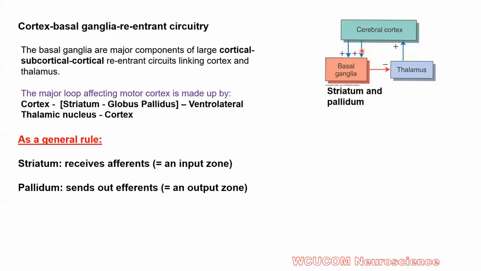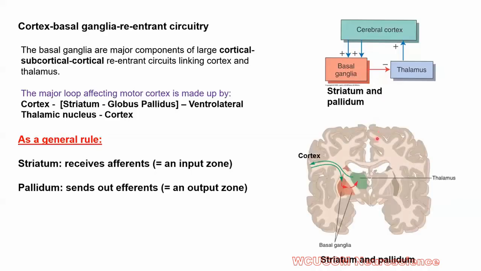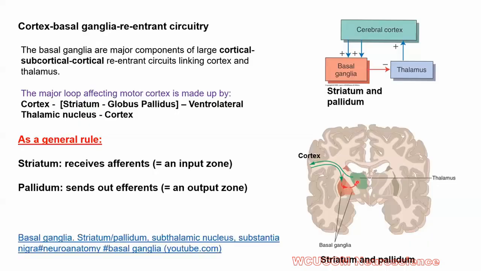As a general rule, the striatum receives afferents, so it works as an input zone, and the pallidum sends out the efferents, typically to the thalamus. And it looks like this in a cross-section. Striatum receiving afferents, this would be putamen, and pallidum, in this case the internal segment of globus pallidus, sending the output.